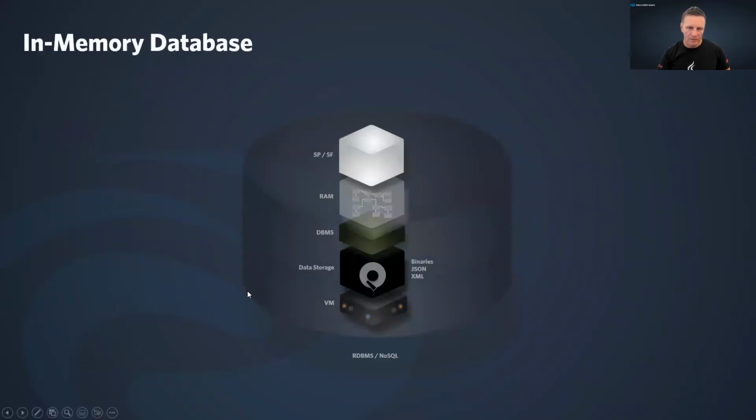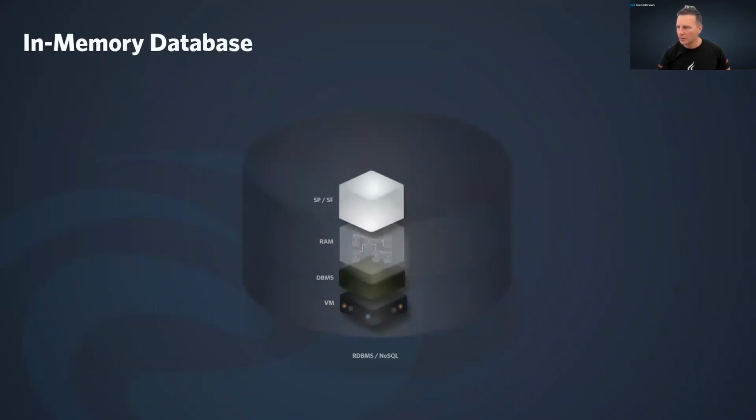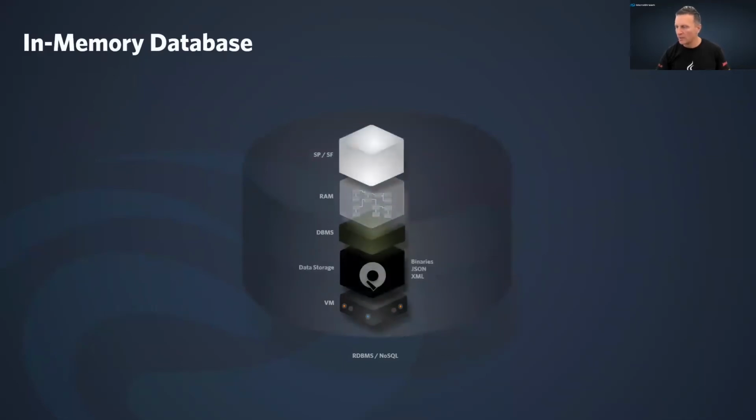Okay. In-memory database. Next solution. What is an in-memory database actually? When we again look into the black box of a database, we can see the different layers here as well.